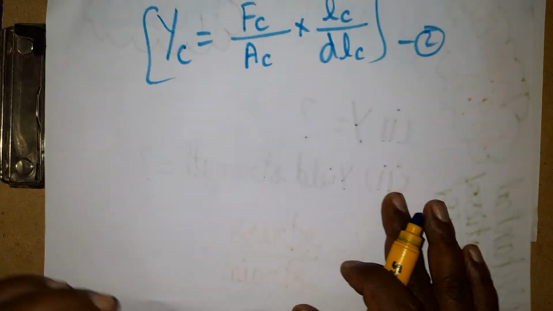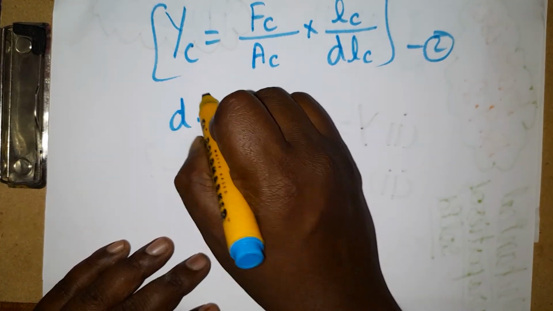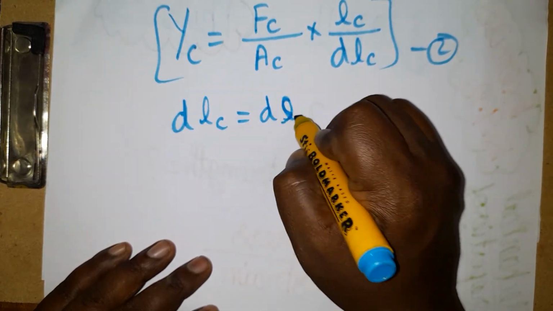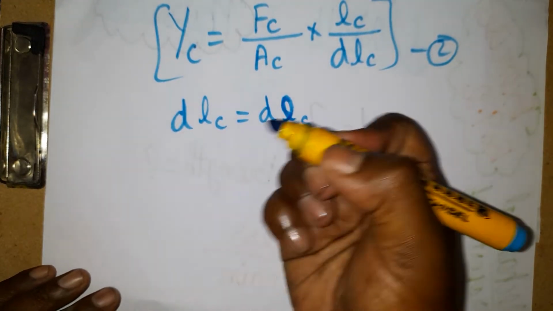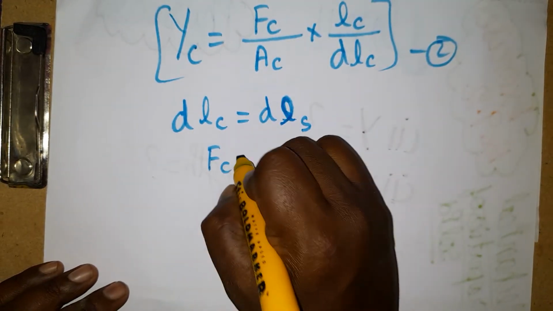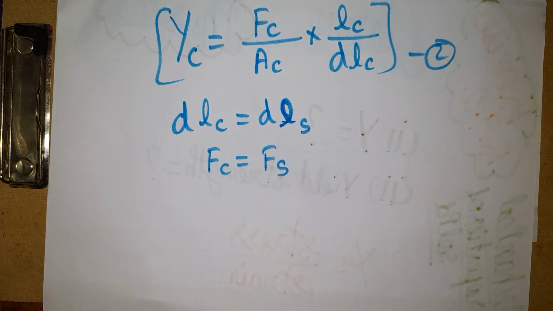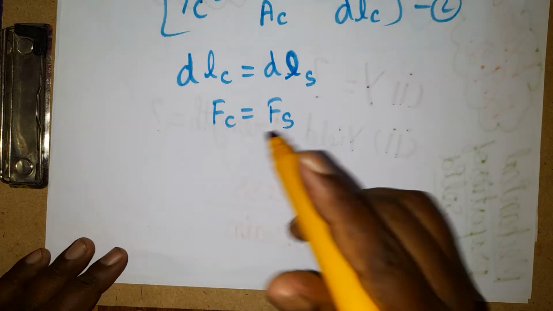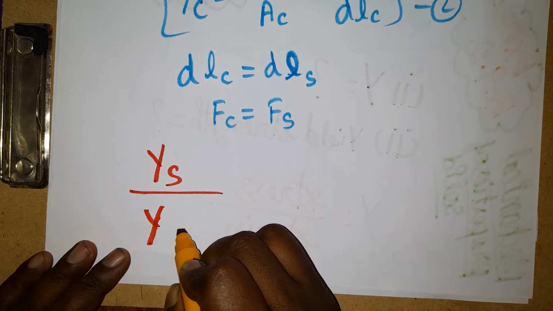Okay. Now in the data, both have equal changing length. So the elongation of the copper wire is equal to the elongation of the steel wire. Both will get elongated by the same length. The force load which we applied to the copper wire and steel wire is going to be the same. These two are given in the question. Now I am going to take the ratio. So Young's modulus of the steel wire divided by Young's modulus of the copper wire.